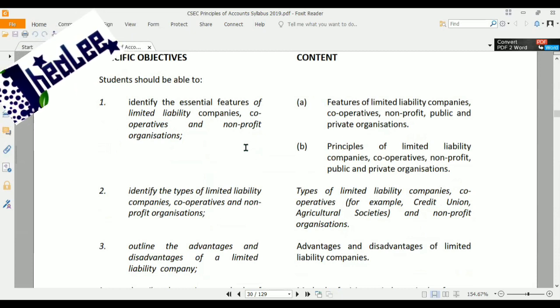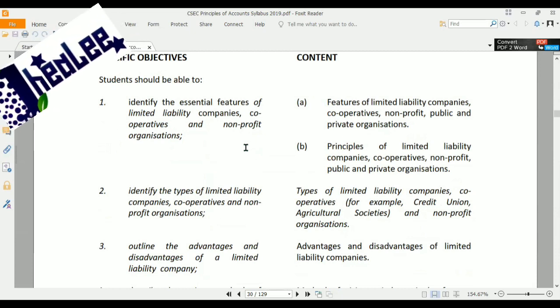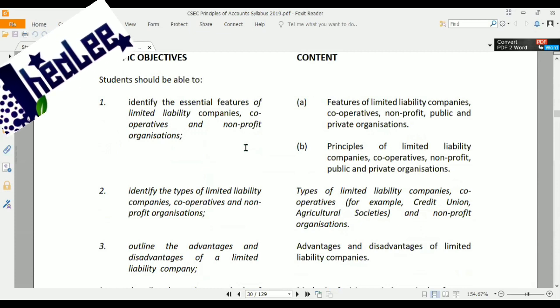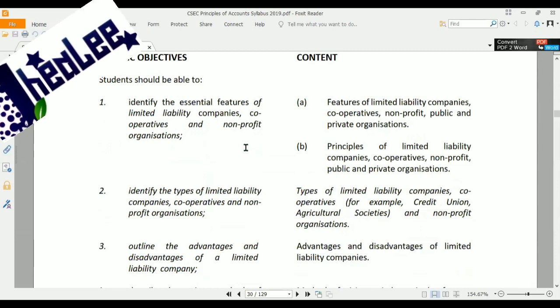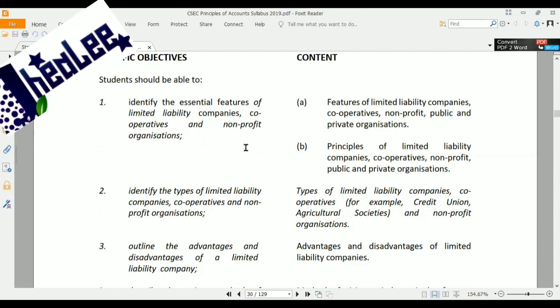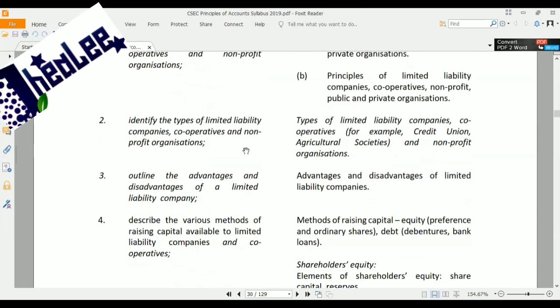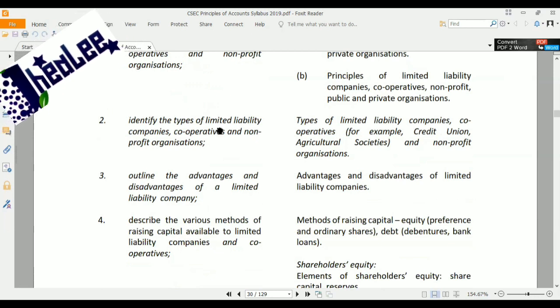You would need to know what the term limited liability means, unlimited liability, those can come up in the question. The features of the cooperatives and that of the non-profit business, and identify the types of limited liability companies, cooperatives, and non-profit organizations.